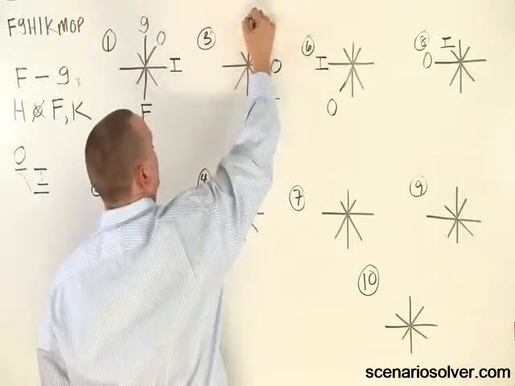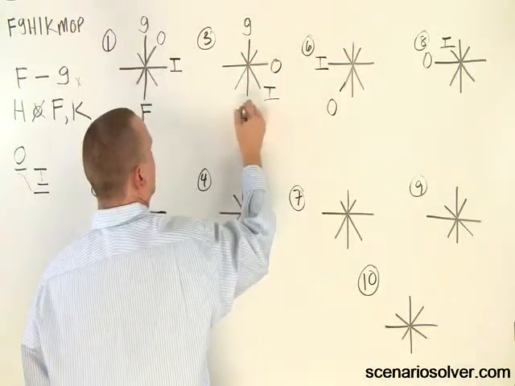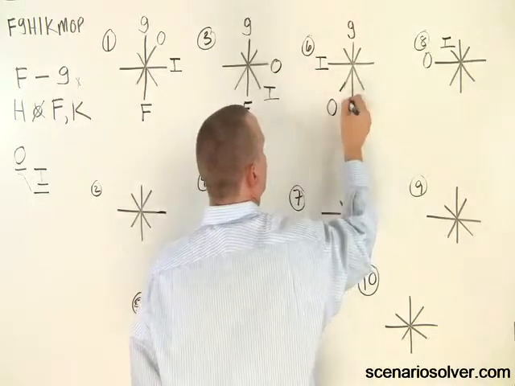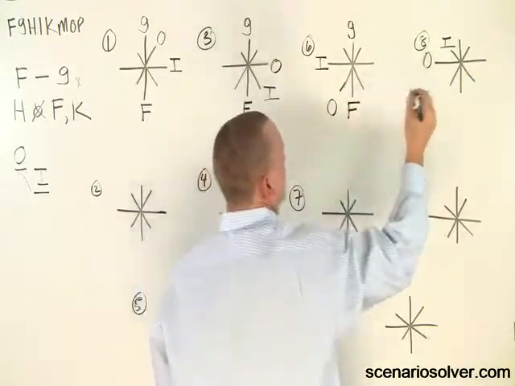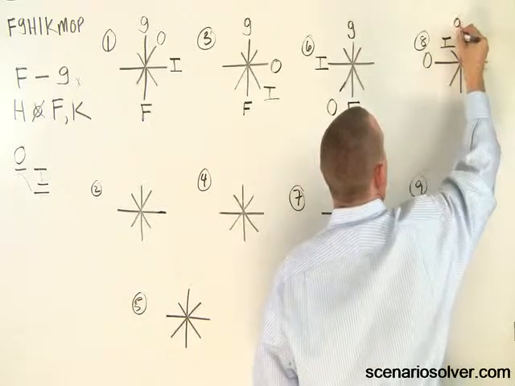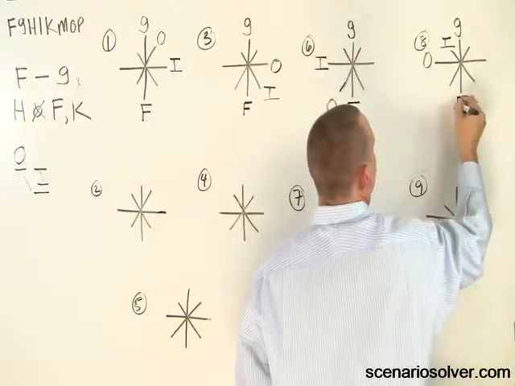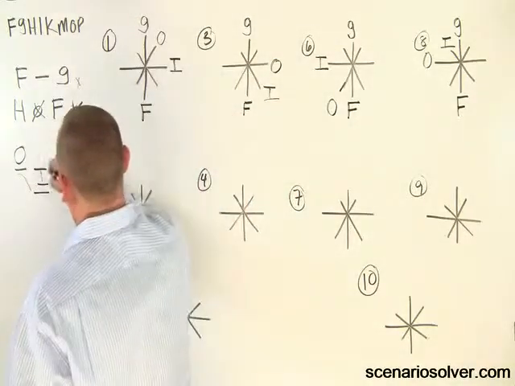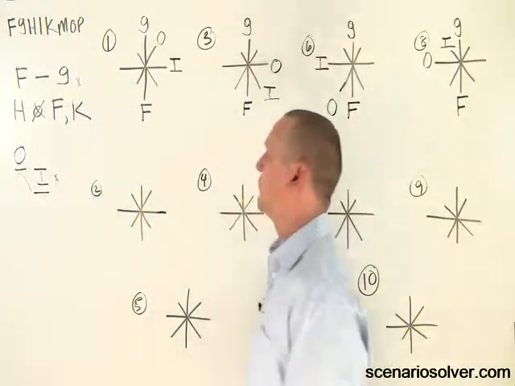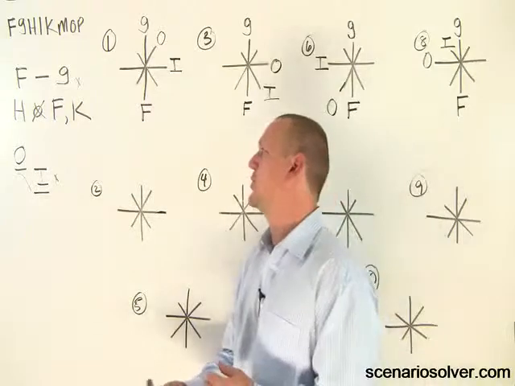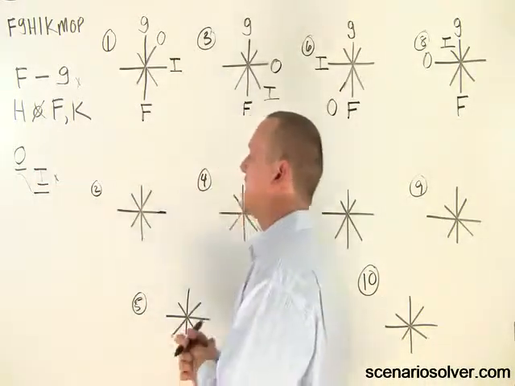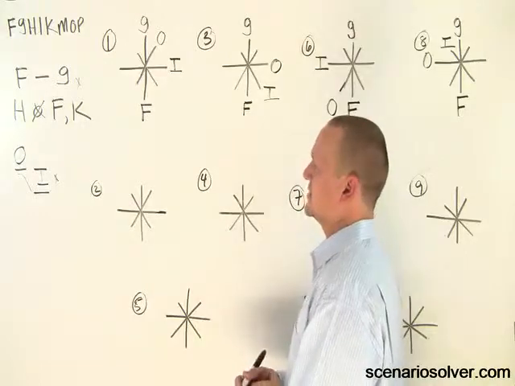Okay, and then I'll just fill in my G and F. Okay, and that is all that can occur with O and I. And so I've got a total of 4 scenarios, and I'm left with one rule, which is an exclusion rule, and it says H can't sit next to F, and H cannot sit next to K.